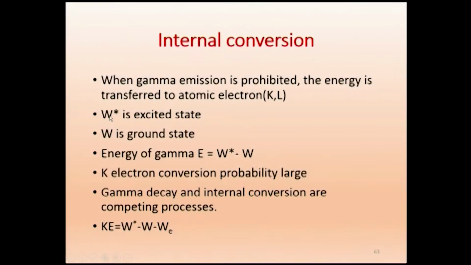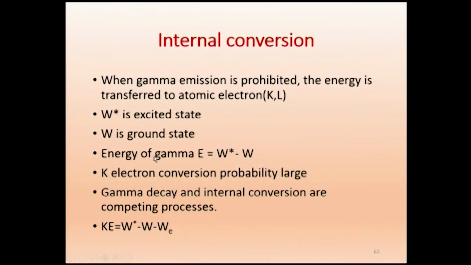Here the energy of the excited state is W star, and the energy of the ground state is W. What is the difference when the nucleus de-excites? It is W star minus W. This energy should come out as gamma. When the gamma is prohibited, it will be given to an electron.